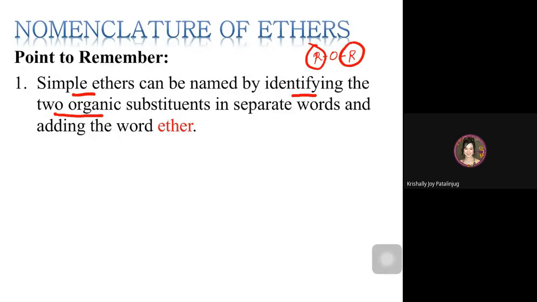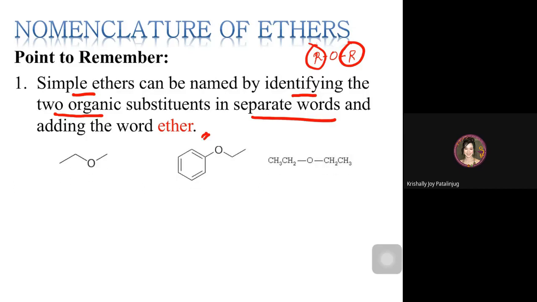Say for example, there is an ethyl, then sa other side, methyl. So simply identify the 2 organic substituents in separate words, then add the word ether. That is the simplest way of naming ethers.